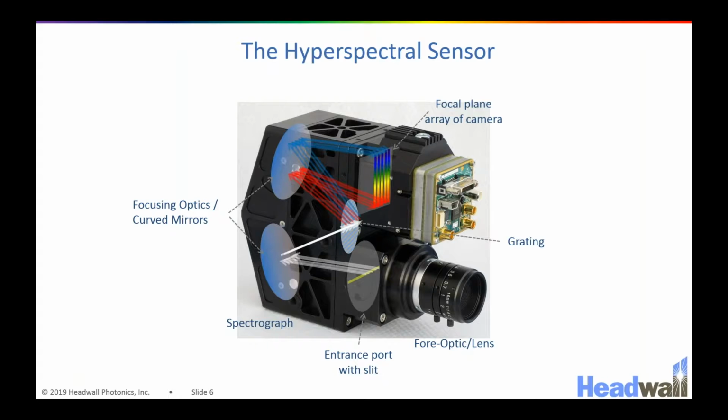So you have one dimension of spatial pixels and another dimension that we call our spectral dimension of spectral pixels. I like to think of this as having something like 640 spectrometers inside one box. Each of these spatial pixels will get a complete spectrum, and we'll fill up pretty much the whole focal plane array. For every snap of the camera, we will get a spatial line and a spectrum for each of the pixels in that spatial line.